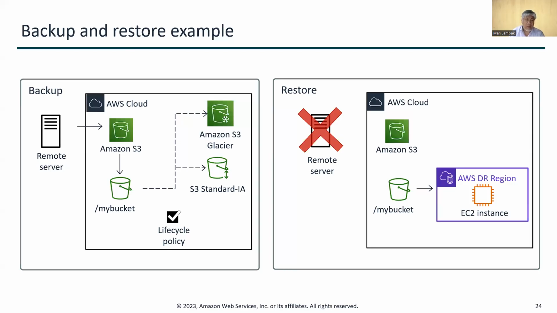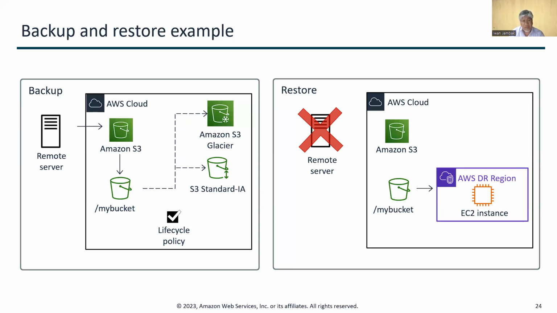Now here is an example: you put your data on your S3 bucket, and then you turn on your lifecycle policy. After some time, it will be moved automatically to the S3 class that you want.